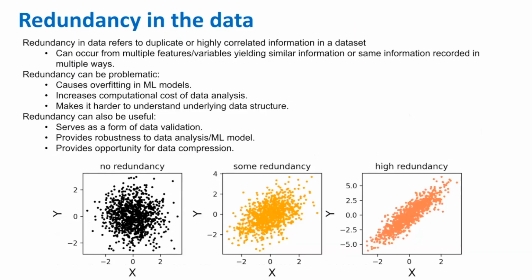The central theme of this lecture, and what enables a lot of these methods, is that there's redundancy in data. Redundancy refers to duplicate or highly correlated information between dimensions in your data. This can happen in many ways, and we'll show something in a little bit.